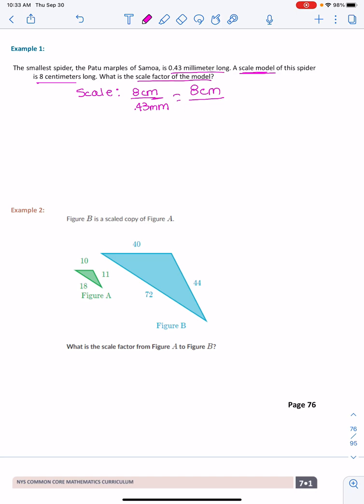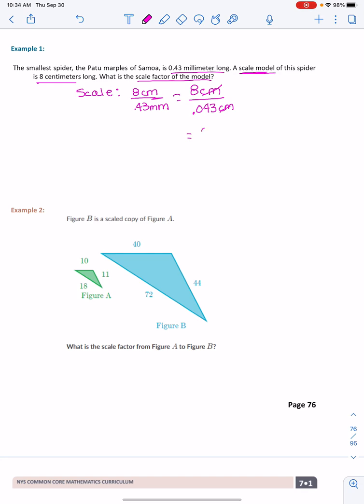To change this to millimeters, I would have to move it over 1, so it would be 0.043 centimeters. So cross that off. Now I have to simplify this because this is a fraction or decimal. I can't have a decimal in that fraction, so I've got to move that over 3. And remember, whatever I do to the bottom, I have to do to the top. So in this case, I'm going to move it over 3 to the right, and I've got to do that to the top.